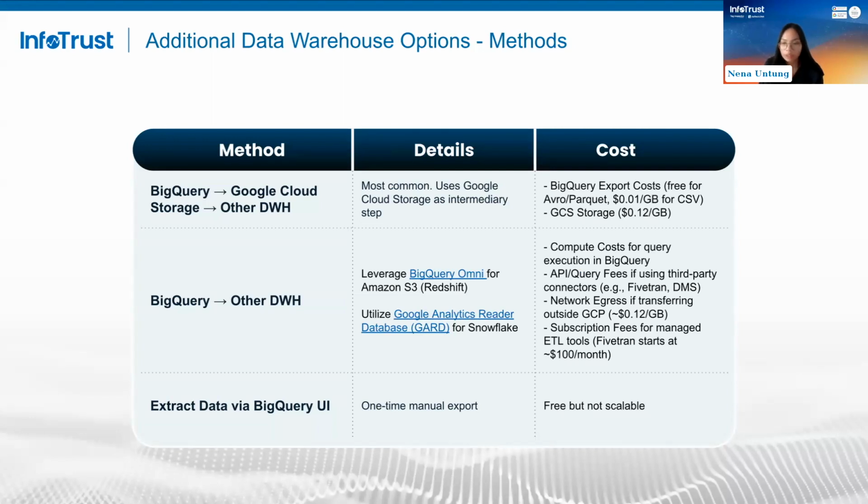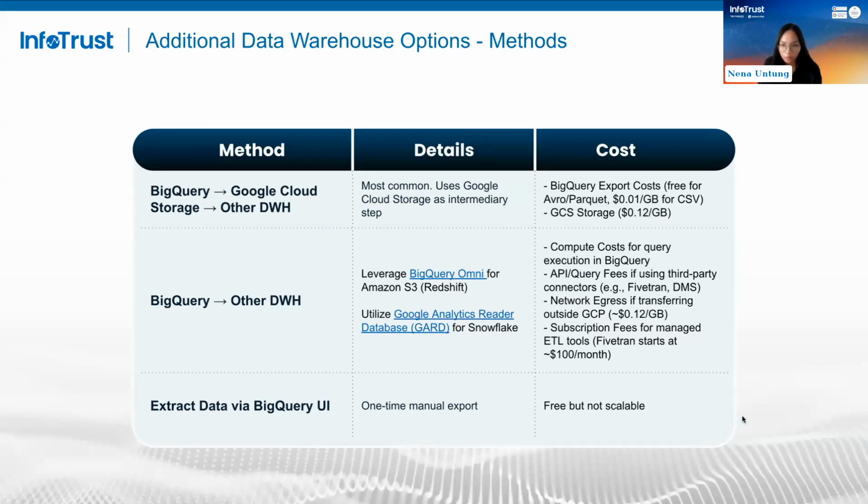One consideration is that depending on what tool you use to connect, there might be additional costs associated with using the BigQuery API. There might also be additional costs with transferring data outside of BigQuery or outside of the network or region. So it might be a costlier option, but that is something that you can also consider.